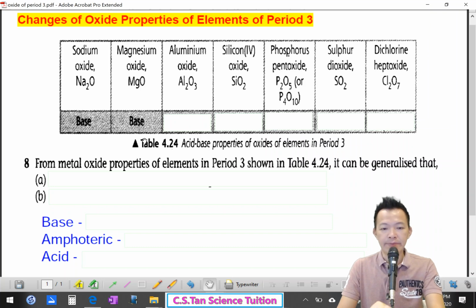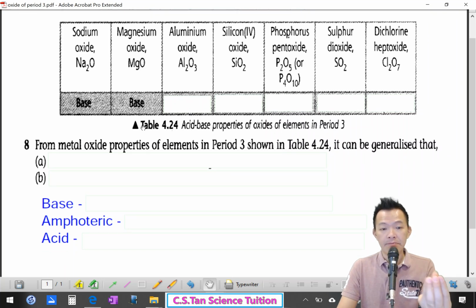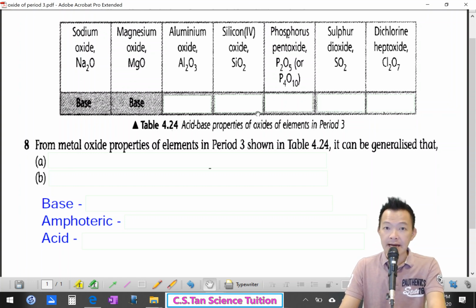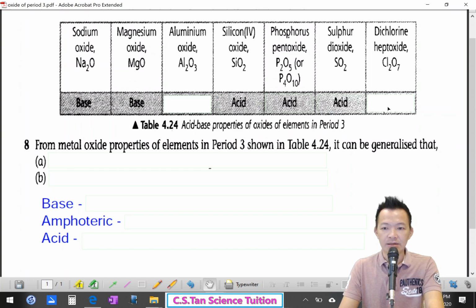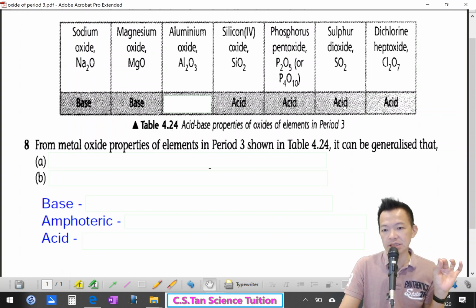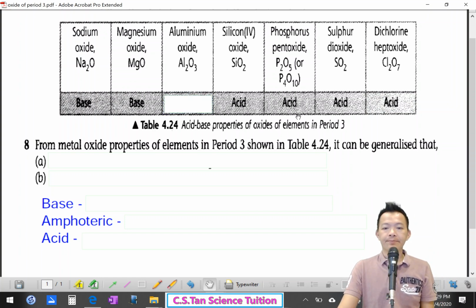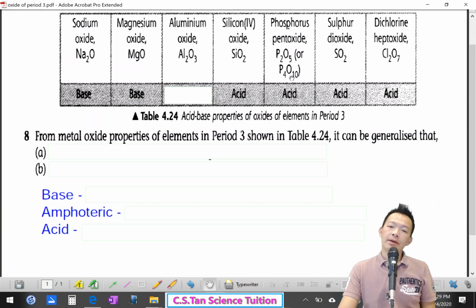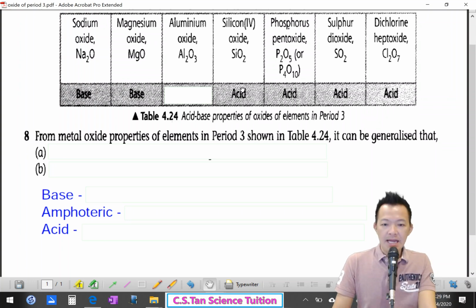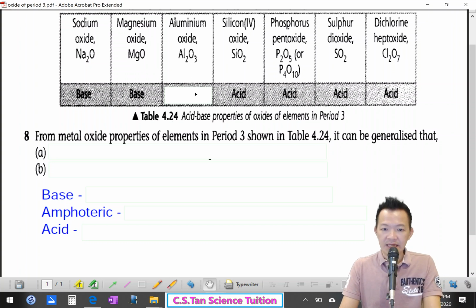Base 就是 basic 了，base 就是碱的，basic 就是碱性的。OK，an element on the right-hand side，右手边的元素呢，silicon oxide, phosphorus pentoxide, sulfur dioxide, dichlorine heptoxide, they form the oxide that is acidic. 它们形成的 oxide 呢是酸性的。And between the base and the acidic oxides, there's one of them that is very special. Aluminium oxide 很特别的一个，and this is amphoteric oxide. 它叫 amphoteric oxide.